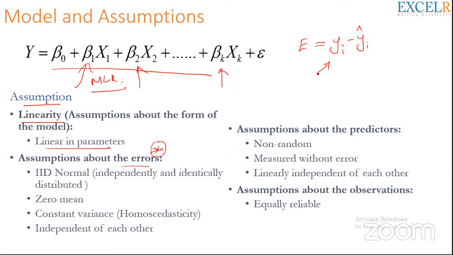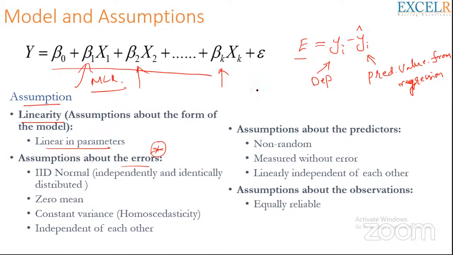The actual values in the dependent variable. Yi hat is the predicted value from the regression equation. So the difference between these two values is called the error.